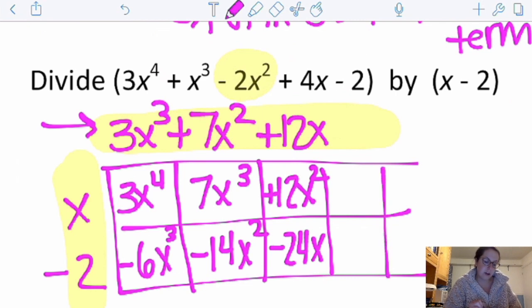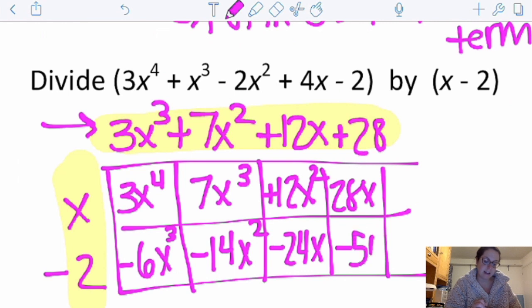From there, we know that these 2 need to combine to give me positive 4x. So I know that that's going to wind up being 28x. So that's plus 28. This is going to be minus 56. And I know those need to combine to be negative 2. So that's going to be plus 54.